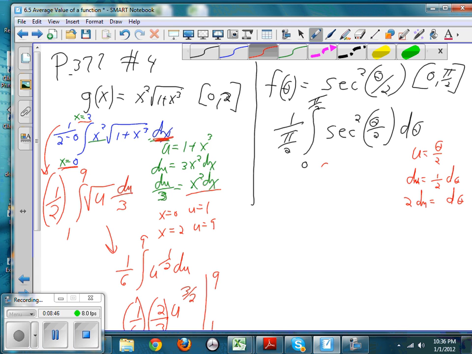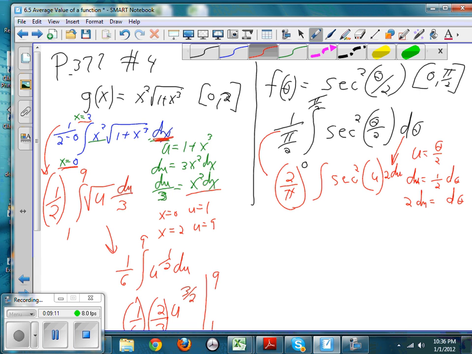So then this whole thing becomes the secant squared of u times 2 du, right? That became that, times 2 over pi, right?